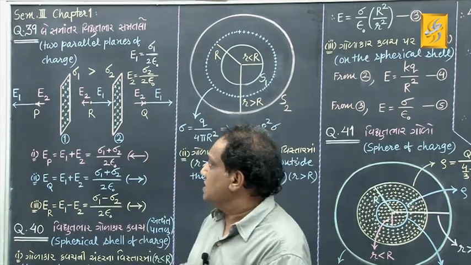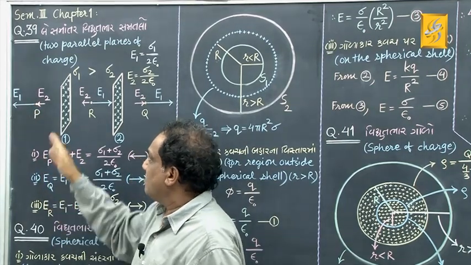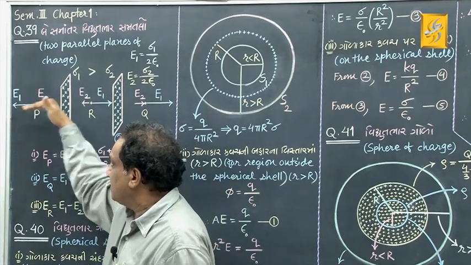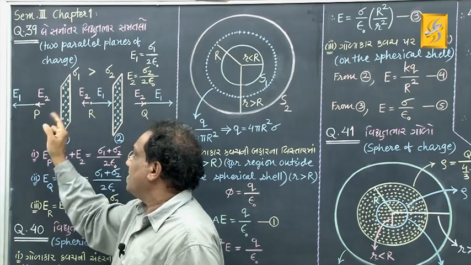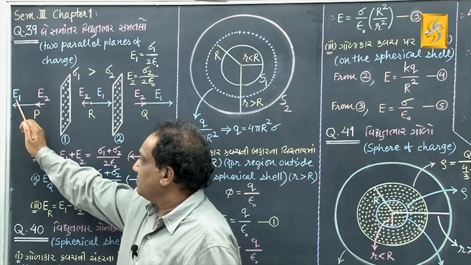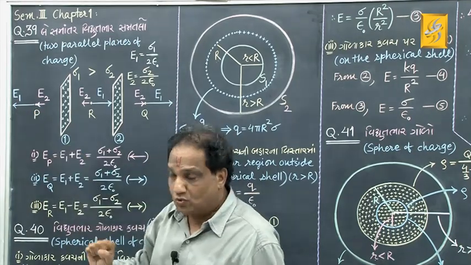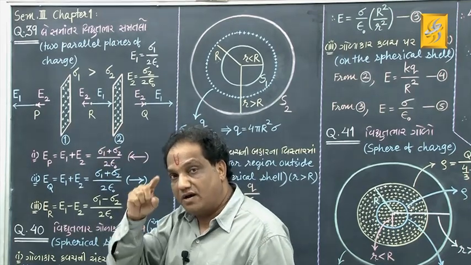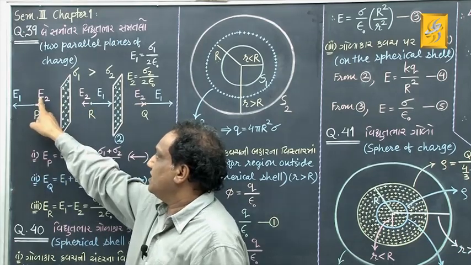So at point P, electric field due to first plane will be perpendicular to first plane and away from it. So it must be this way. Let it be E1. Similarly, at the same point, electric field due to second plane is also perpendicular and away. So that is E2.